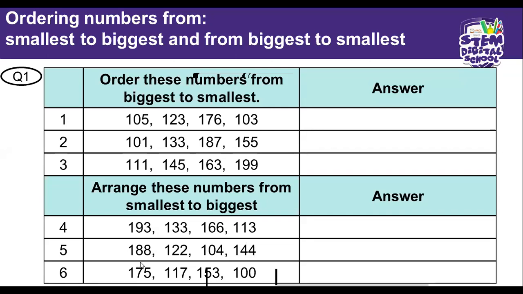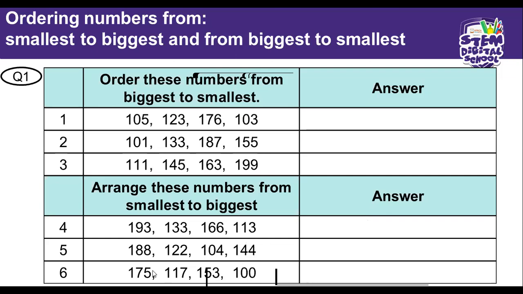The last one, it says arrange these numbers from smallest to biggest. So we look at our numbers there. Which is the smallest number there? I'm sure all of you can see it. You can type it for me. Okay, let's see.